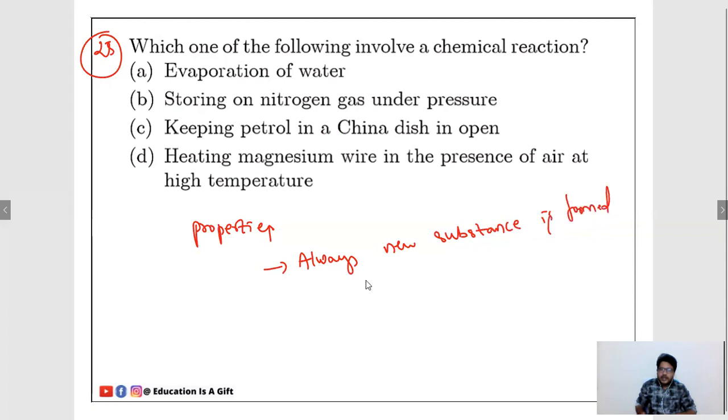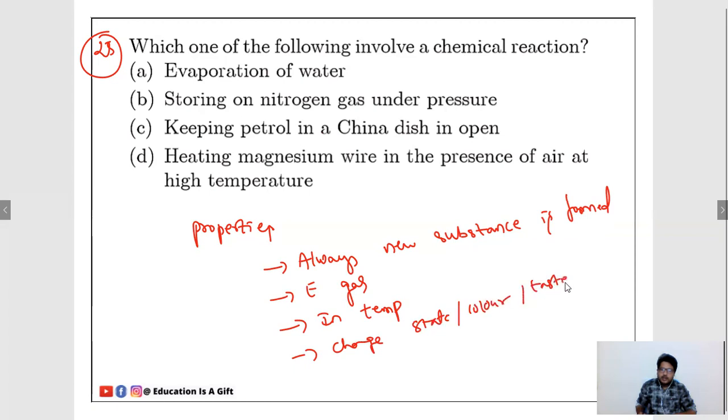Second property, evolution of gas. Third, increase in temperature. There should be a change in state or color or taste or smell. So these are observations. Of course, let us not call it a property. Those are observations. Let us check this.